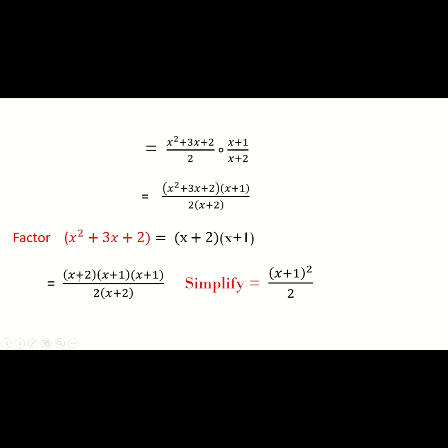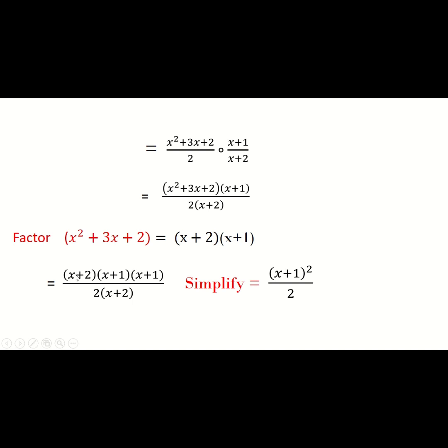So the new expression became (x plus 2) times (x plus 1) times (x plus 1). Where did I get this? This is from here, but those two are from this one. And the whole thing is divided by 2 times (x plus 2).